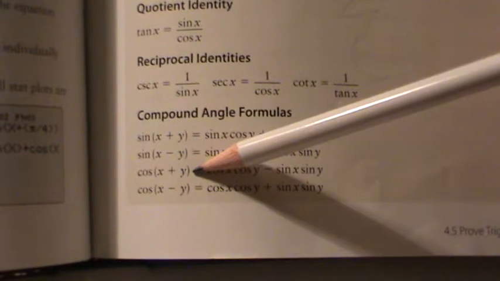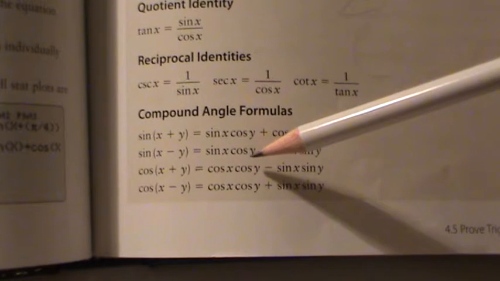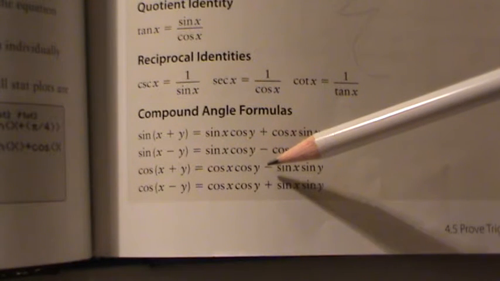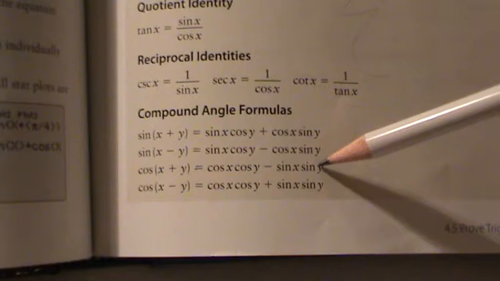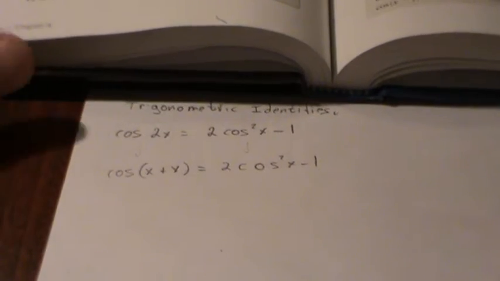Cosine of the sum of two angles is equal to the cosine of one angle times the cosine of the next plus sine of one times the sine of the next. Alright, and so in this case, the two angles that I have are x and x.